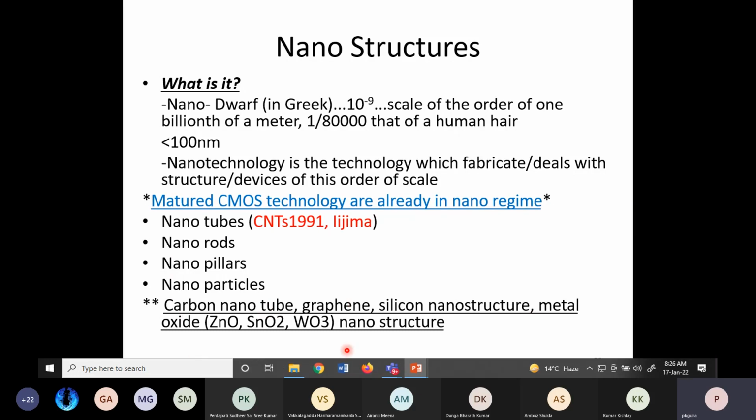Why have people been doing research in that direction? Because there were times when, with the silicon based MOSFET, we thought that we would not be able to progress further. There were barriers, and people came up with a lot of innovative solutions to nullify those barriers. For example, strained silicon, because there was degradation in mobility.